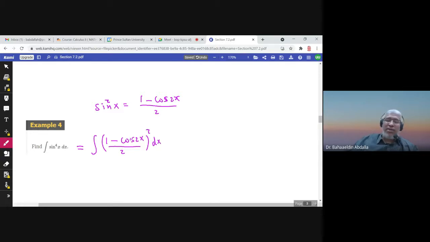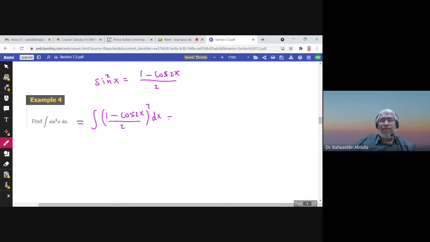And now expand. So this 2 when raised to the power 2, I'll get 1 over 4, and it's a number I can take out. And now I need to raise 1 minus cosine 2x to the power 2. So 1 square is 1 minus 2 times 1 times cosine 2x plus cosine square 2x dx.